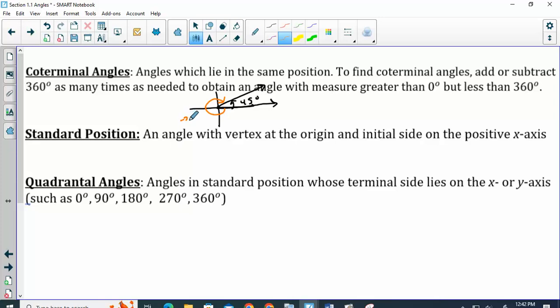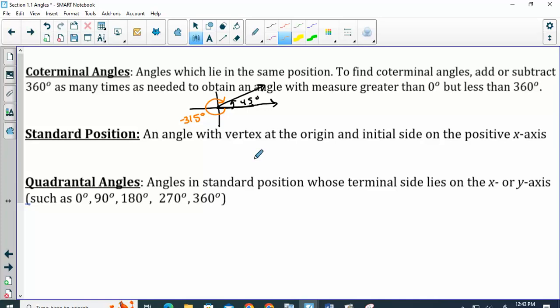A negative, so I might say negative 315 degrees. Now for most people, seeing a negative 315 is a little harder to visualize than seeing a positive 45. So if you don't want that negative, you just add 360 to make it a positive. But it could be, like, maybe I go around the circle 2 times.